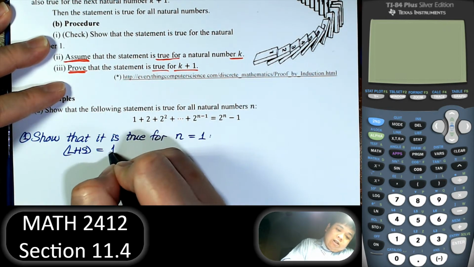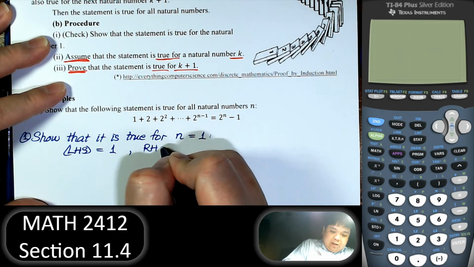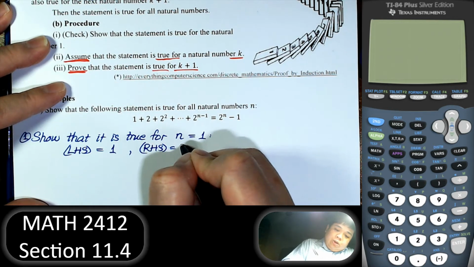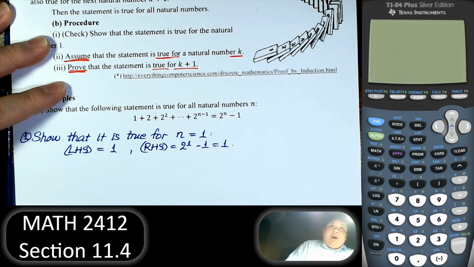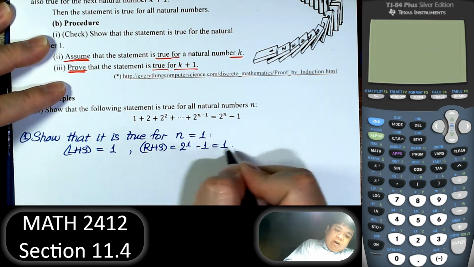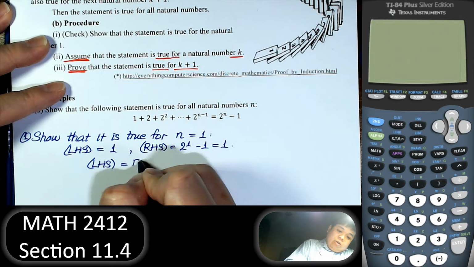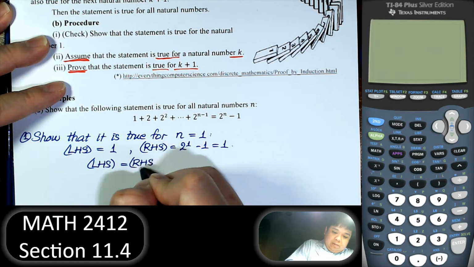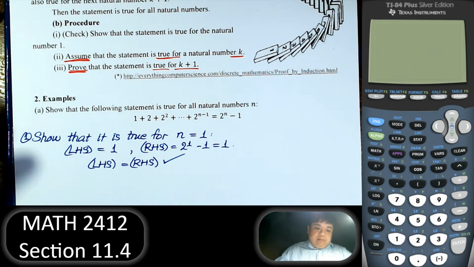Just 1, right? And the right hand side is equal to 2 to the first minus 1, which is equal to 1. So both of them equal 1, so the left hand side equals the right hand side. So that checks. That's the first step.